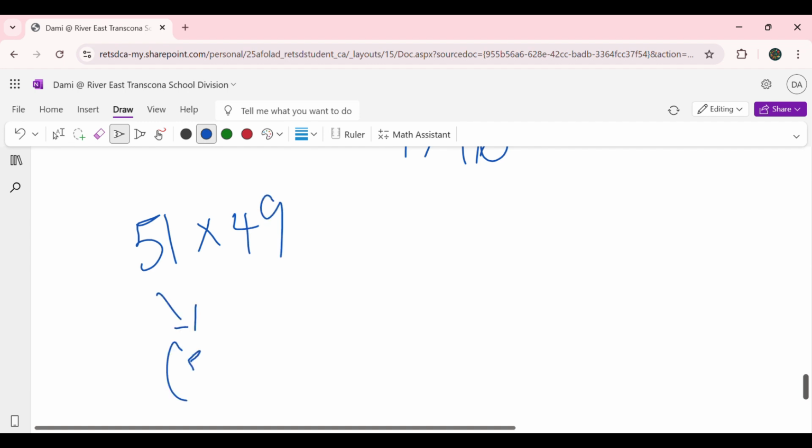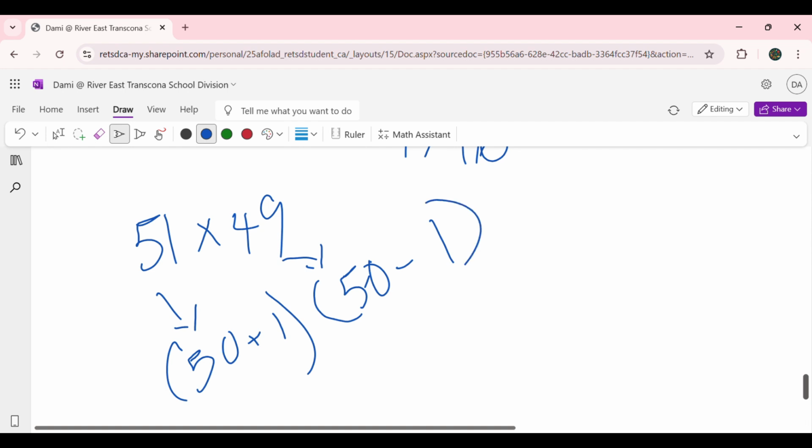51 times 49. This is 50 plus 1, this is 50 minus 1. 50 squared minus 1 gives you 2,499. You can only use this when it's centered around the base. Like if it was 24 times 19, you could use this.